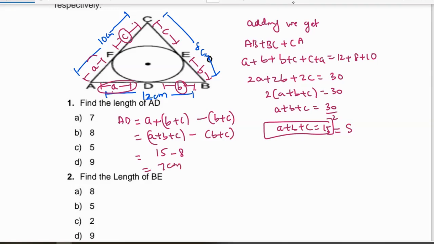The same way you will be finding for BE. What will be BE? BE will be B. What is left now?